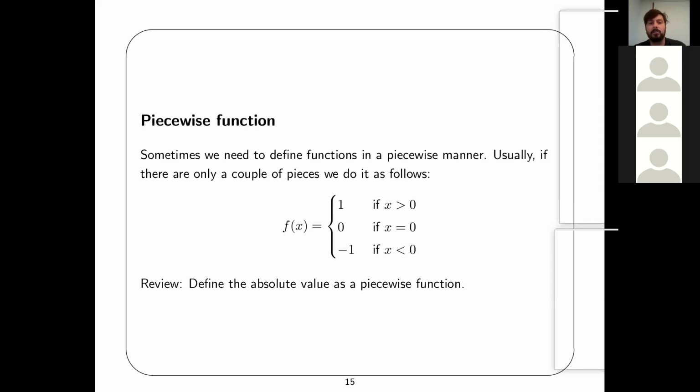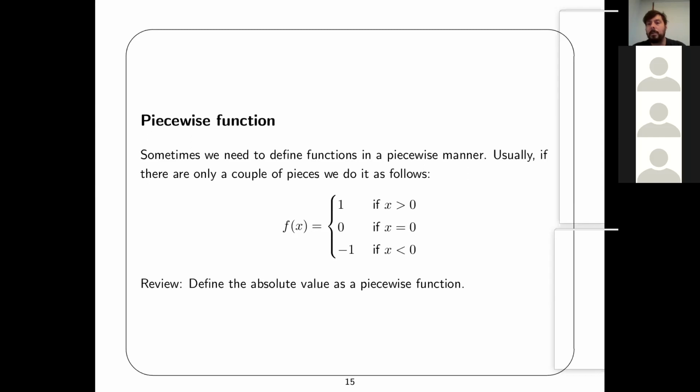This changes from -1 to 0, just jumps at 0 and then jumps right to 1 when it's positive. So this is not continuous, which we haven't defined what continuous means, but we'll get to that in the next lecture. And there's no way to define this directly using these elementary functions.